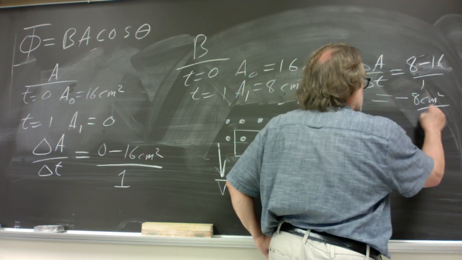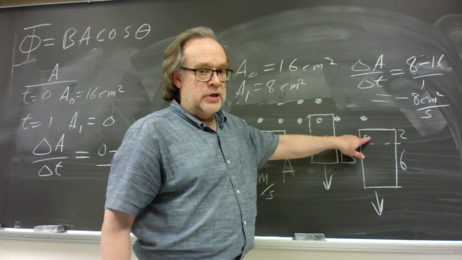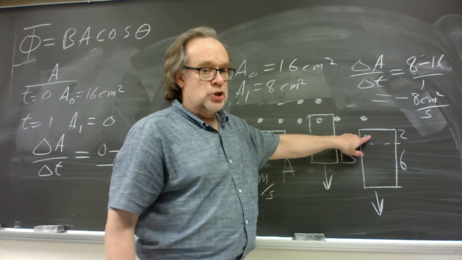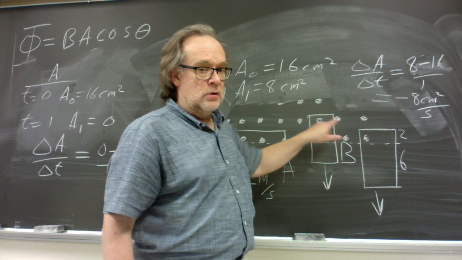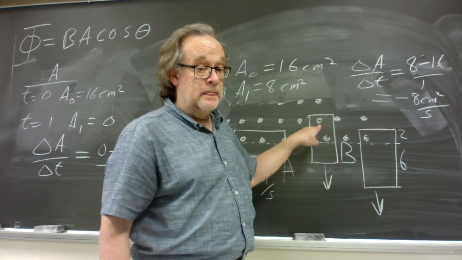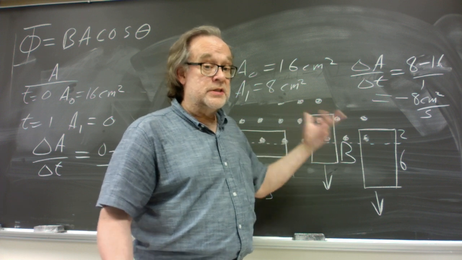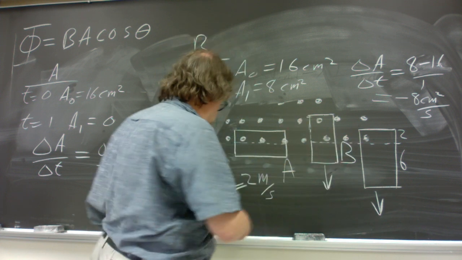In other words, the rate of change in the area here is slower than it is here, only half as fast here as it is here. Here, the area is changing faster. What's the significance of that?